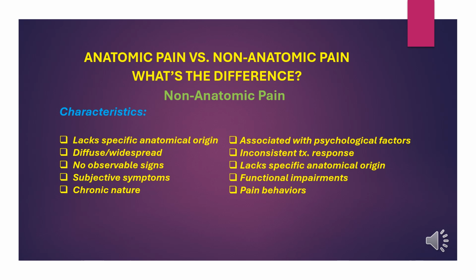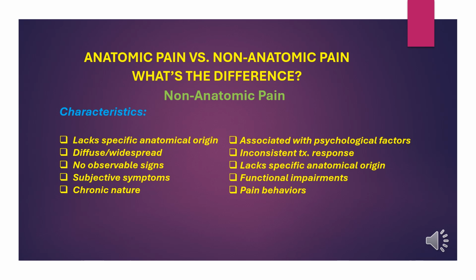There are no observable signs. Unlike anatomic pain, non-anatomic pain lacks observable and measurable signs. Diagnostic tests and imaging usually do not reveal any abnormalities either. You do have subjective symptoms, though. The pain is primarily based on the patient's subjective report and experiences, making it harder to quantify.